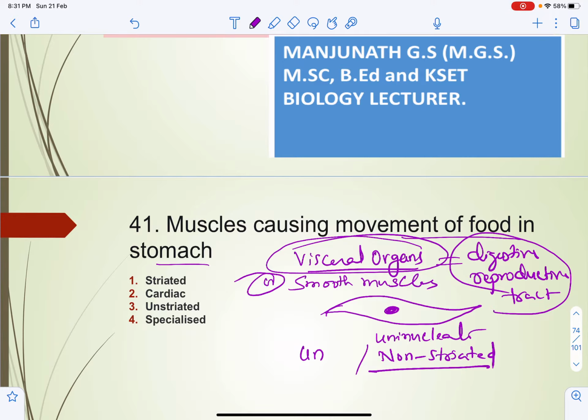So the answer for this is unstriated muscles. Striated muscle includes both cardiac and skeletal muscle. Cardiac muscle is branched and uninucleated, while skeletal muscle is unbranched and multinucleated. So the answer is unstriated muscles.